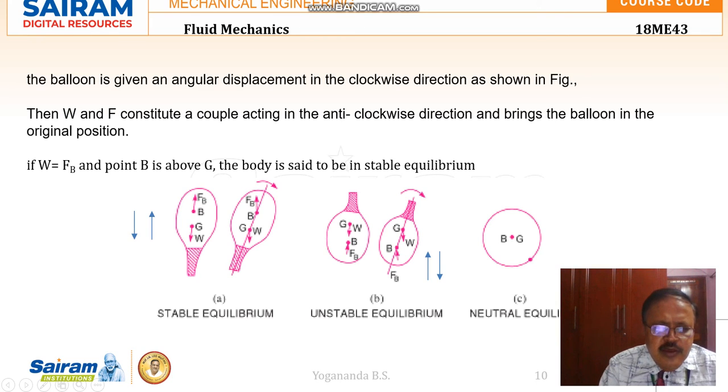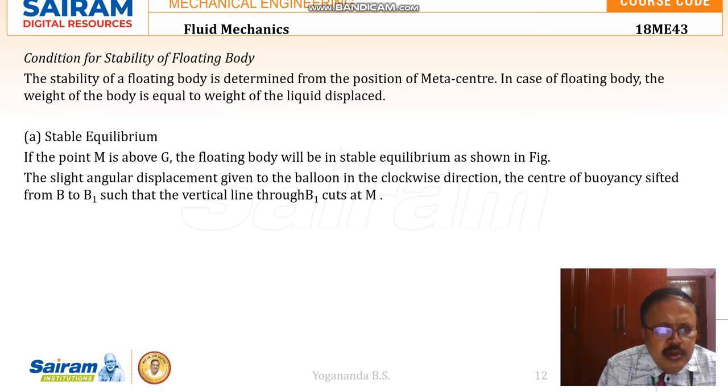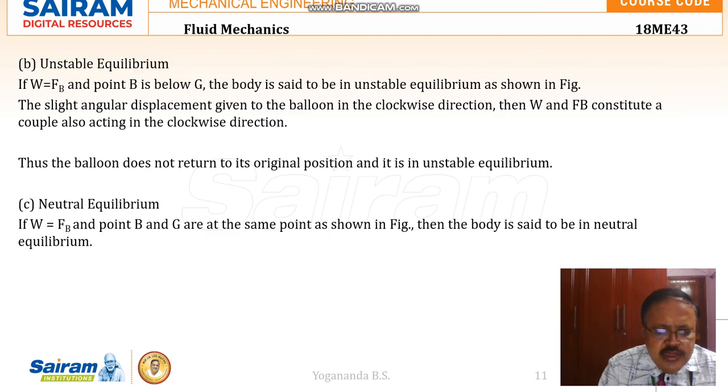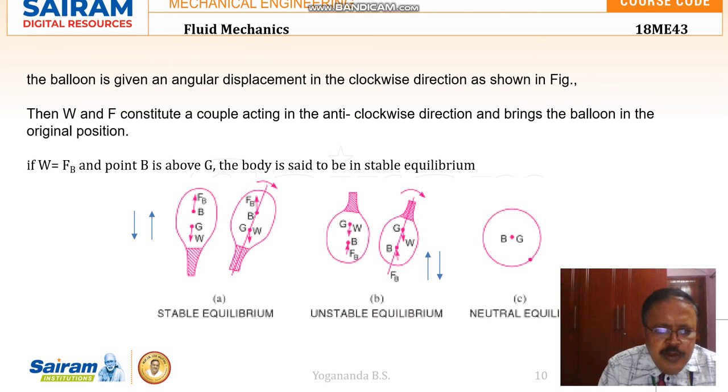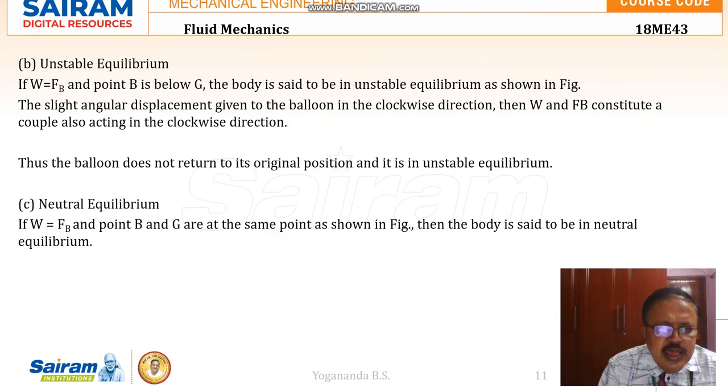So that is the case of a balloon submerged in air, the completely submerged body case. Now stability of floating body. Earlier, the case of balloon in air. The balloon is completely submerged in the air.